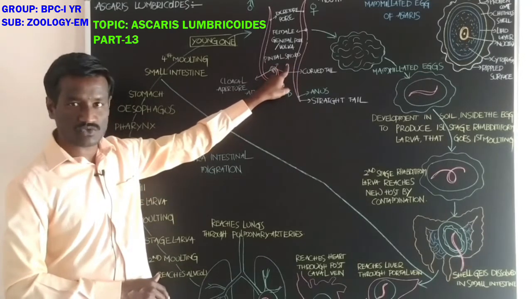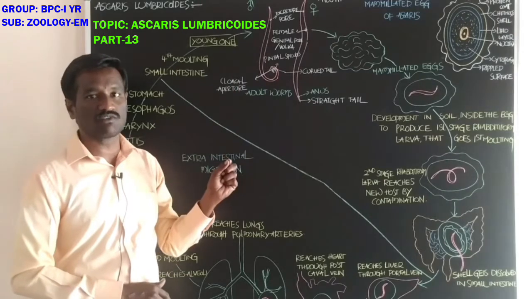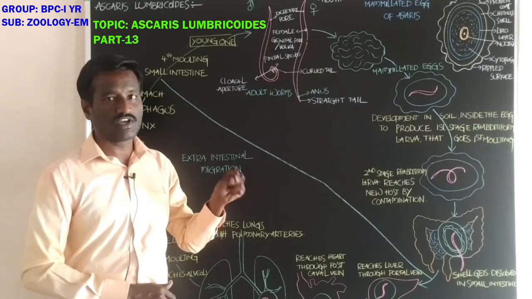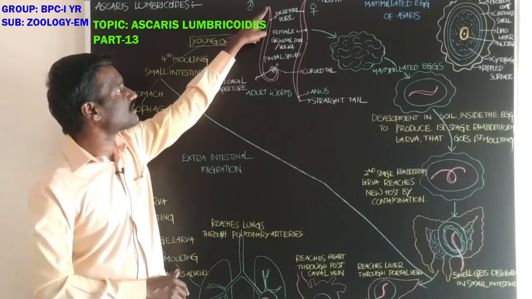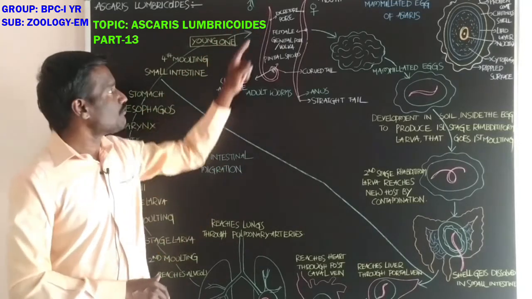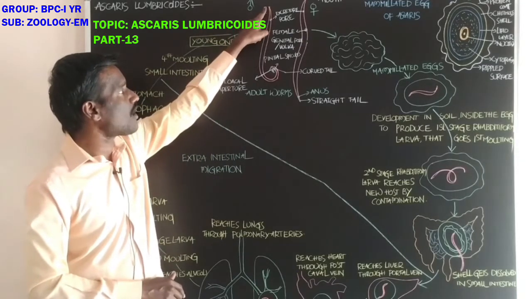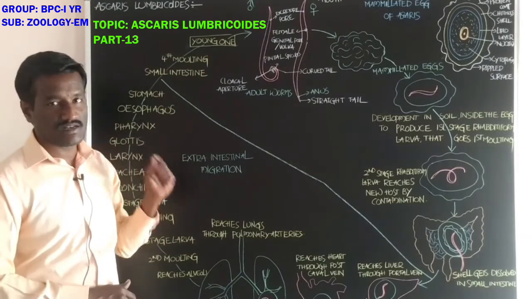The penial spicules help in the transfer of sperms into the female. Students, the mouth is surrounded by three chitinous lips.